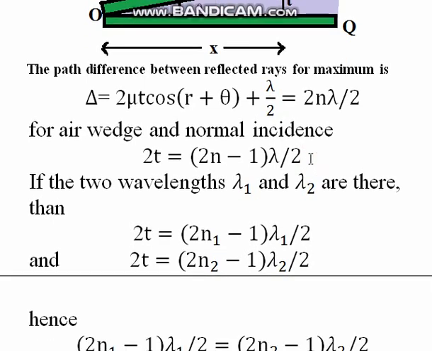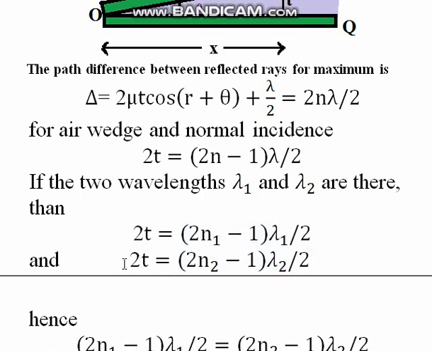Now in our problem there are two wavelengths, lambda 1 and lambda 2, so let's write this equation for each wavelength. For lambda 1, it gives twice t is equal to twice n1 minus 1 times lambda 1 upon 2, where n1 is the order of fringes due to lambda 1.